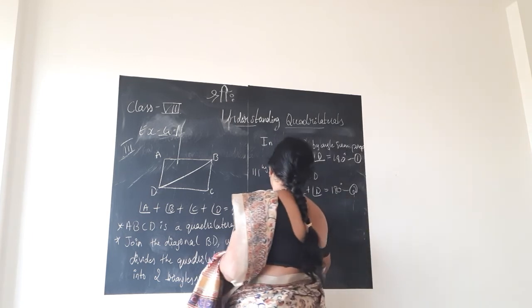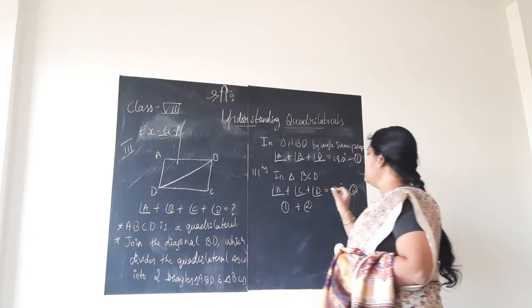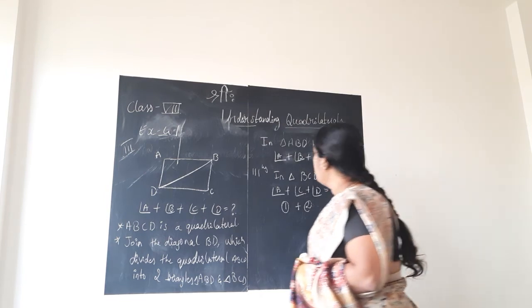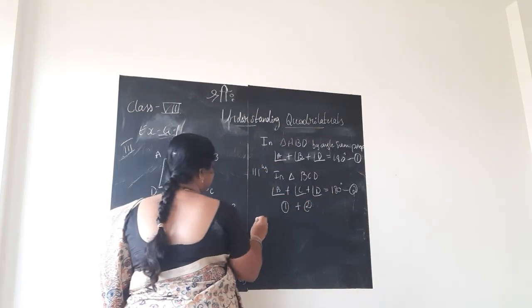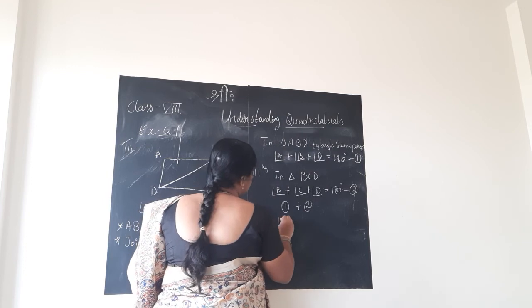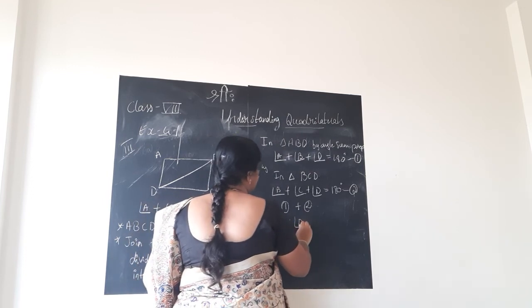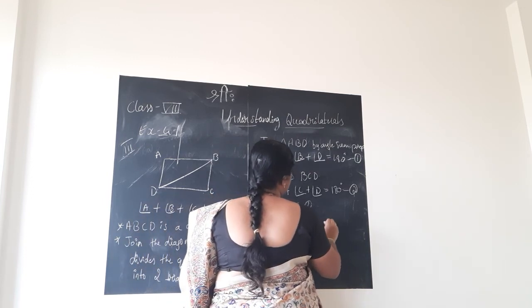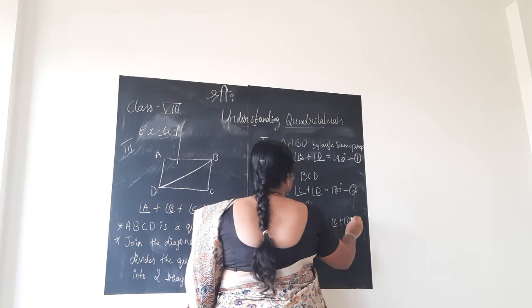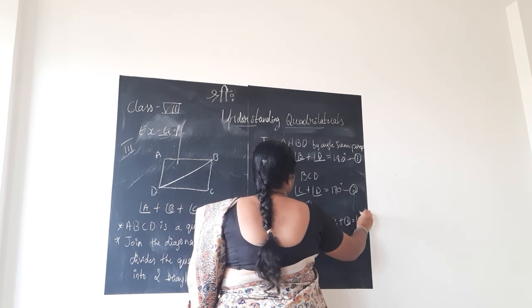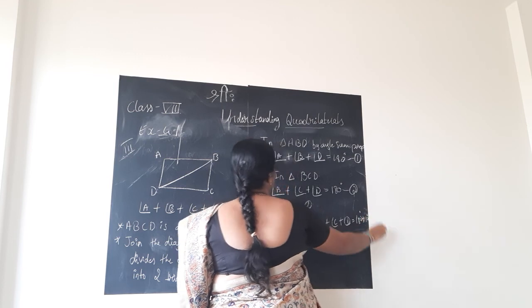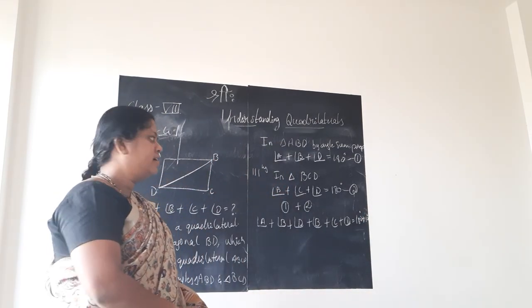Next what we will do is add equations 1 and 2. What do you get on adding? Angle A plus angle B plus angle D plus angle B plus angle C plus angle D is 180 degree plus 180 degree we got.